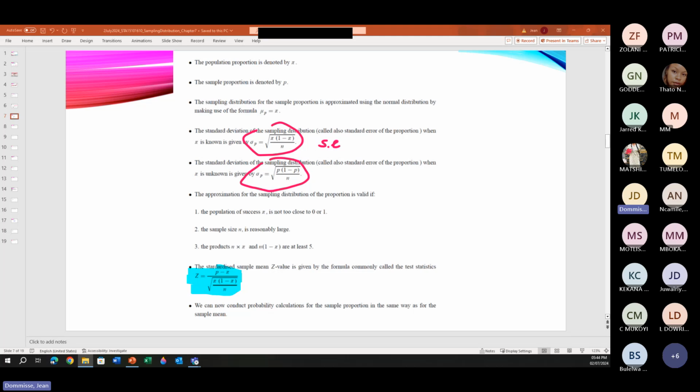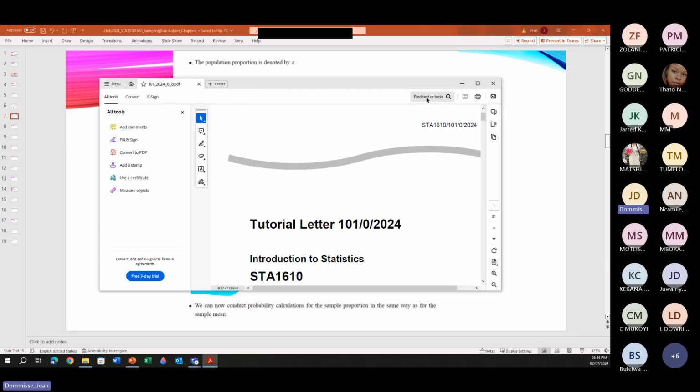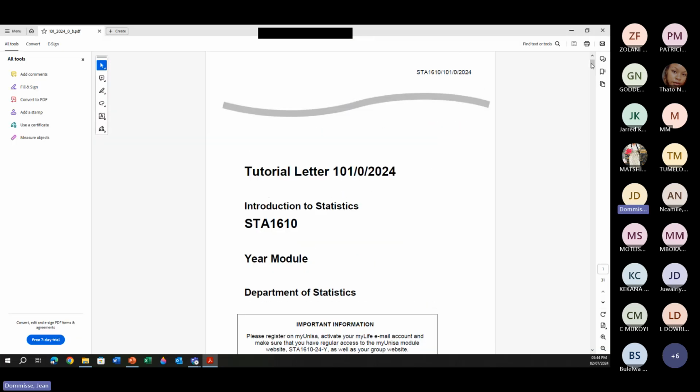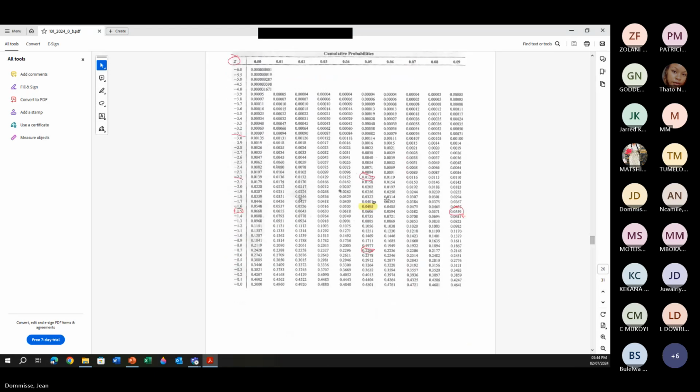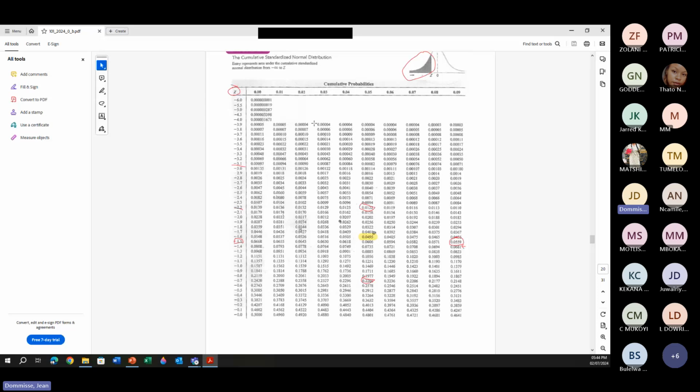I will share it again later tonight, but also just opening up the table that is also one of your study tables that we're going to use.